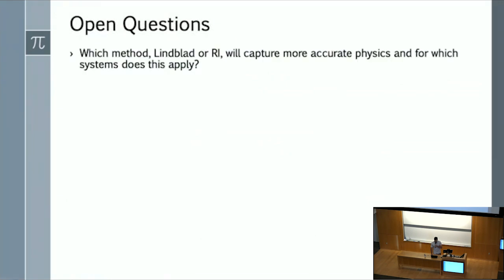And that is which method, like Lindblad equations or repeated interactions, actually captures the more accurate physics. So I'm talking about a model error here. Like if you think about the system I said before, the maser might already be described quite nicely by the repeated interaction map that we can efficiently implement, and maybe that nu actually does behave as a constant in that case, whereas maybe another system like a Heisenberg model where you're doing creation annihilation operators as your jumps might not be as well captured, in which case nu might not scale as nicely.